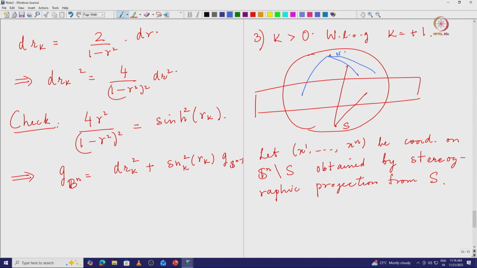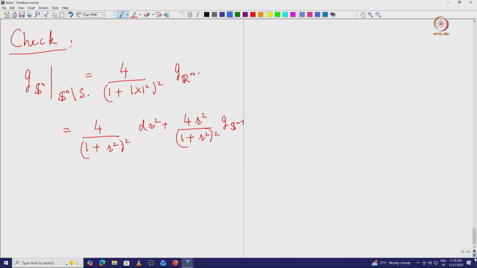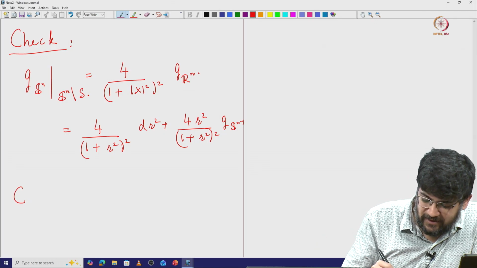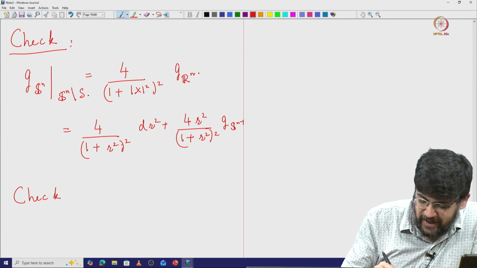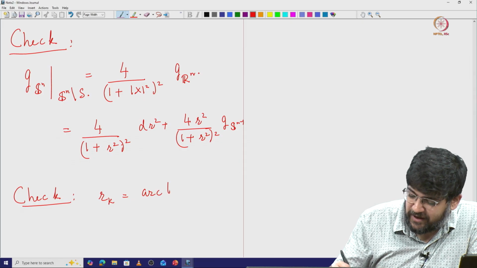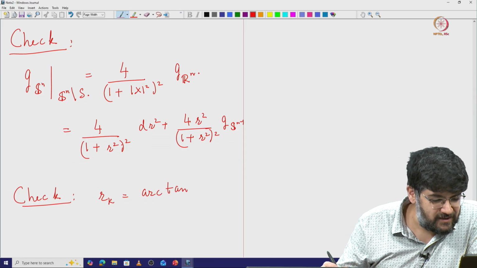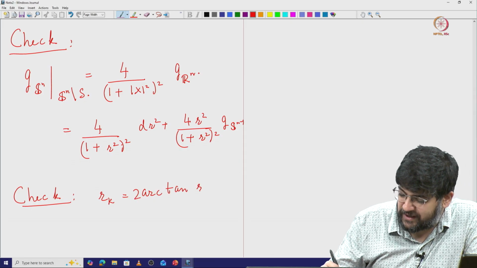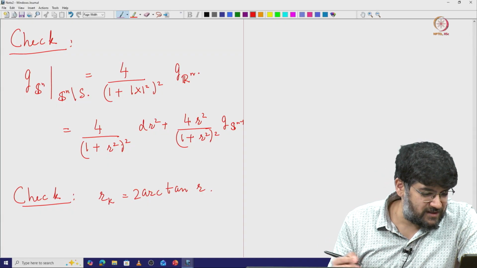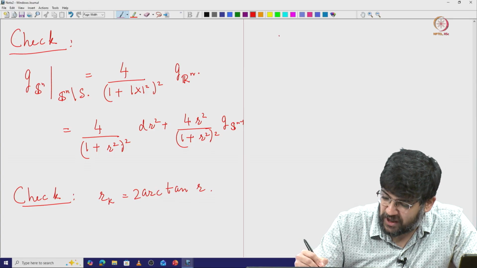Okay, so one can actually check that if you compute the length using this formula, then this is a nice exercise again, that r kappa in this case is related by arctan to arctan of r. Okay. Then one can do something similar to what we did with the Poincare ball model.